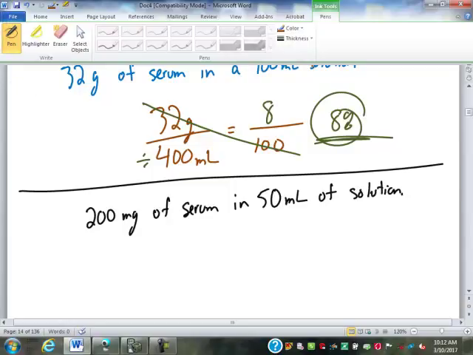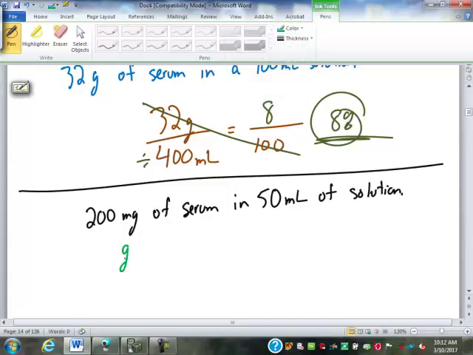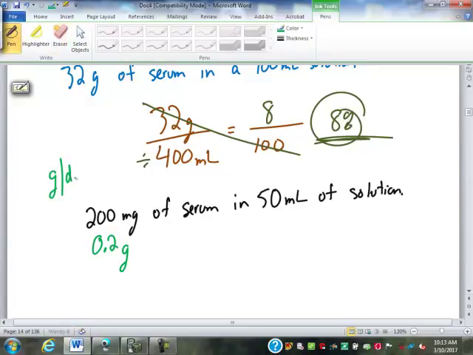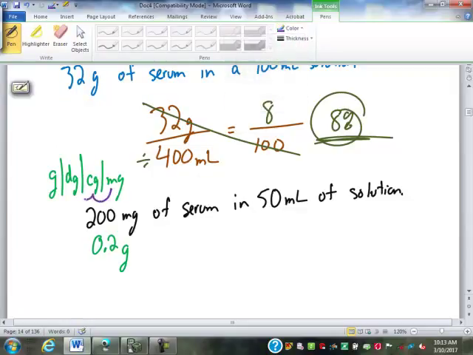But remember, 200 milligrams is really how many grams? 0.2. Remember, there's 1,000 milligrams in a gram. Or if you're looking at the chart, you got grams, decigrams, centigrams, and milligrams. It is 3 spots to the left on the chart, so the decimal point has to go 3 spots to the left. 0.2 grams.